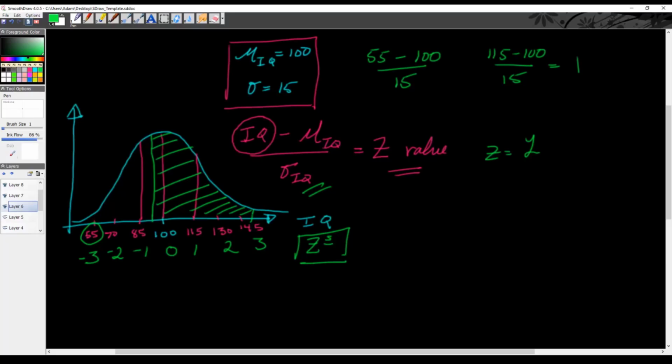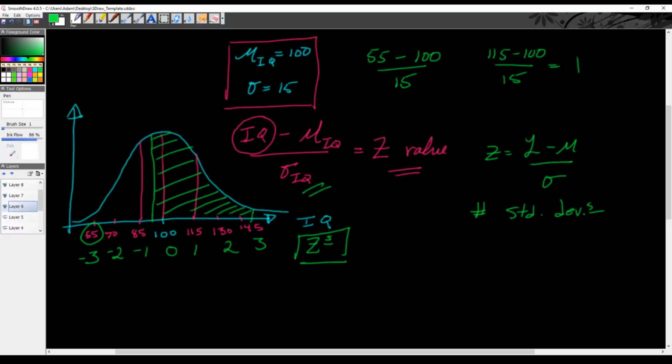We know that the mean is mu, and we know that the standard deviation is sigma. And this just tells me the number of standard deviations. This is a distance measure: the number of standard deviations y is from mean mu.